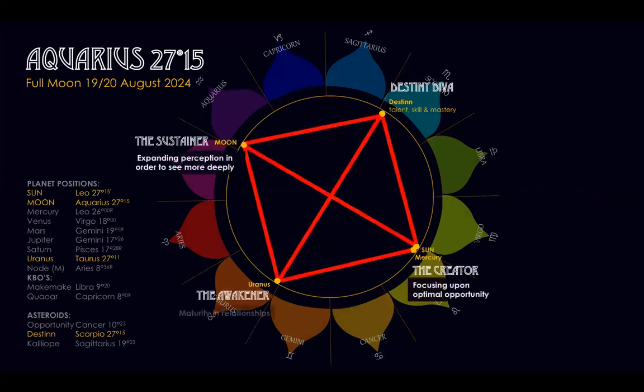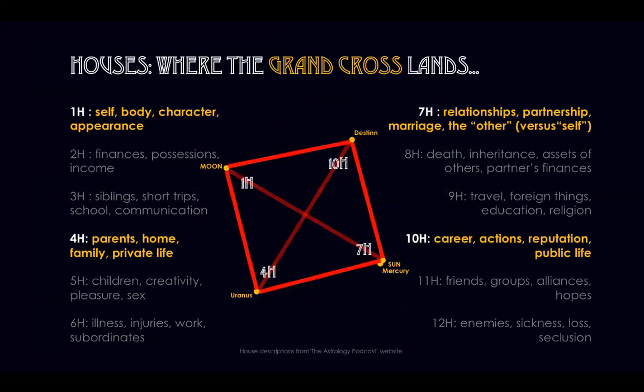So here we have it, a summary of the headlines for this very strong fixed grand cross. I'm just going to walk through how I process these patterns. So first I will look at where the grand cross lands in my chart.